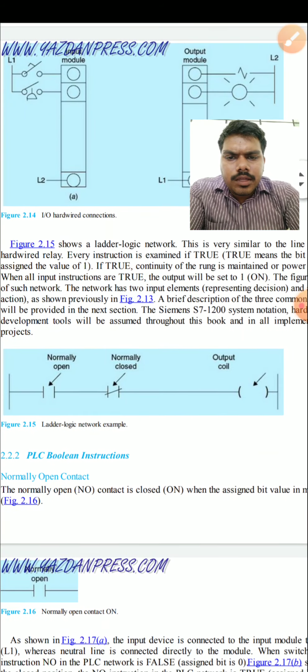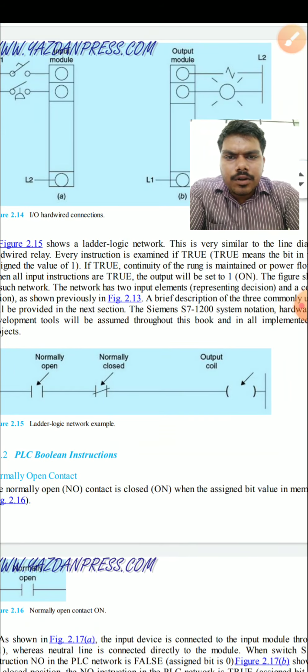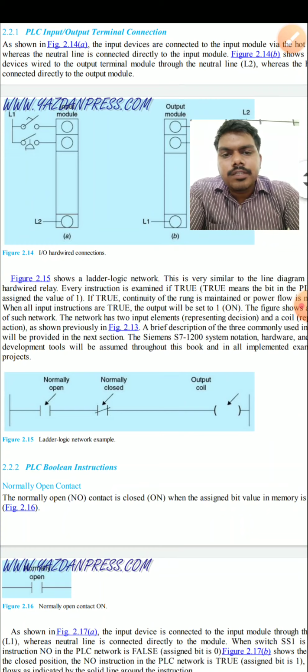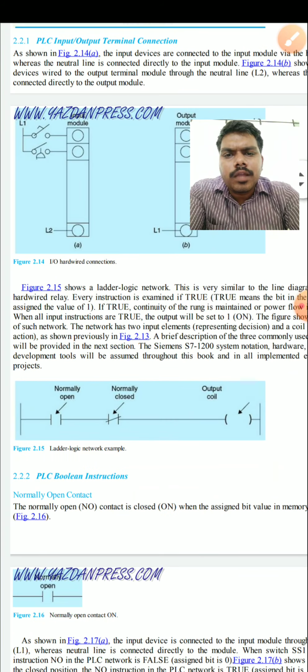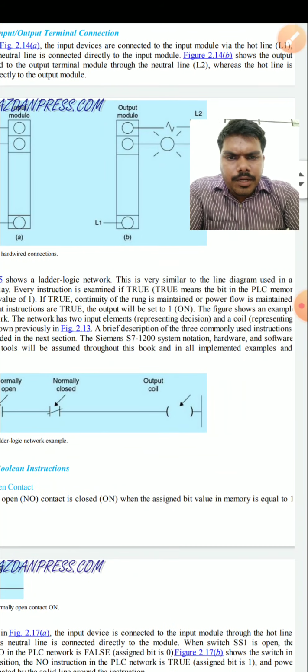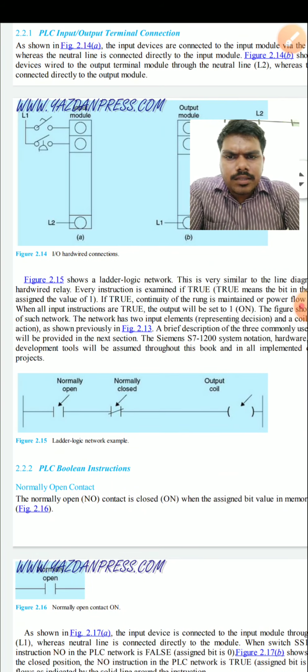Then this figure shows the ladder logic network. It is very similar to the line diagram which we used in the hardwired relay. Every instruction which we give is examined if true. True means the bit in the PLC memory is assigned the value of 1.